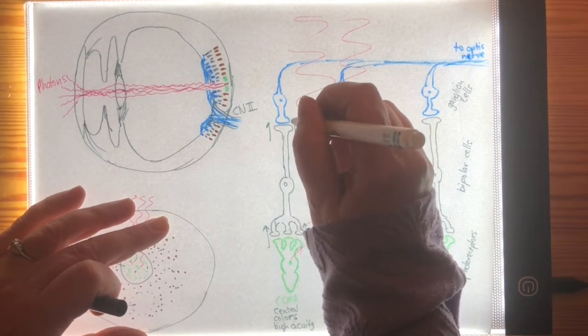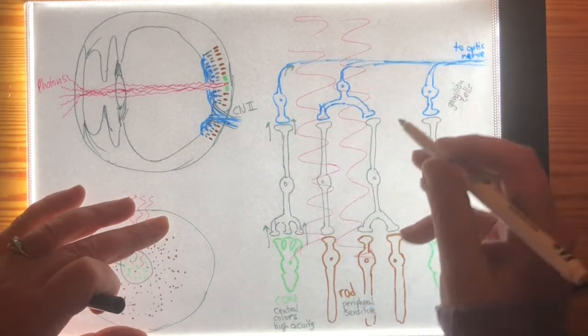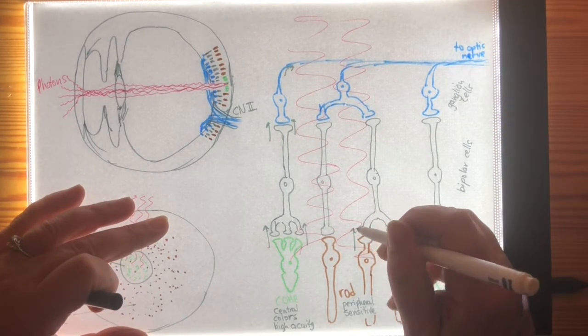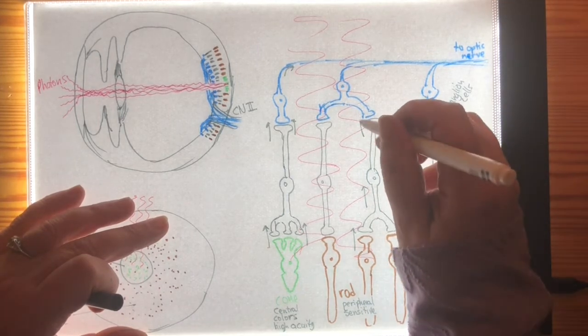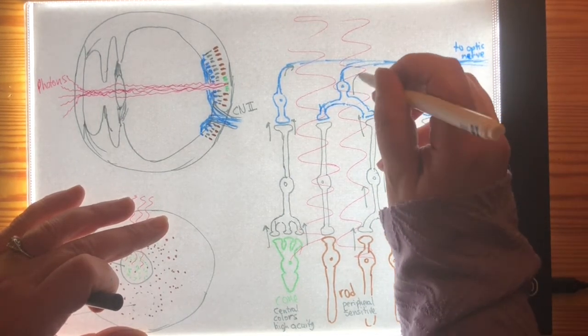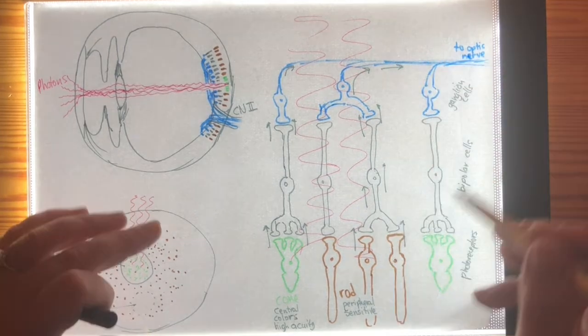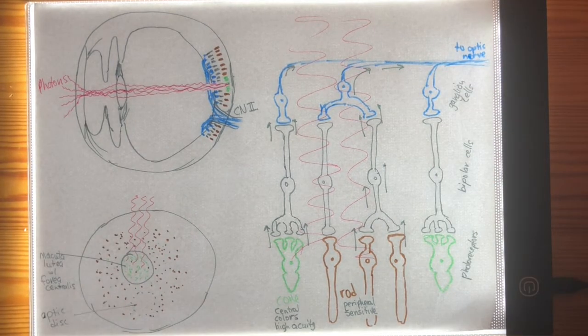Well, that cone on the left-hand side, that first cone, is going to be sending extremely specific information about just the photon of light that hit it. Whereas the rods in the center, it actually doesn't matter if the photon of light hit the first, second, or third, or if it hit 2 of the 3 or all 3 of the 3, the signal is going to still appear the same.